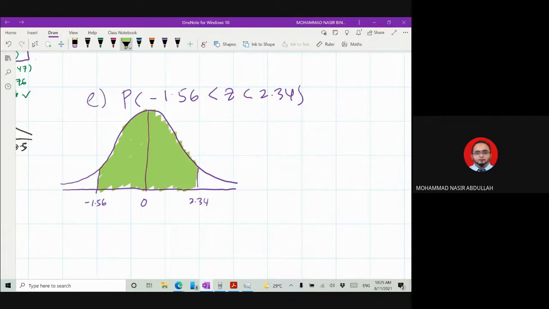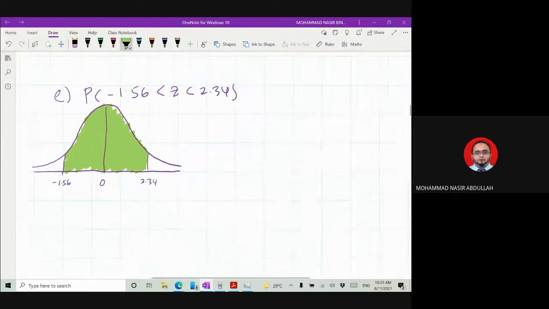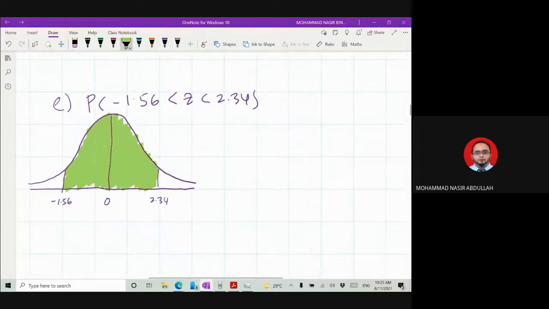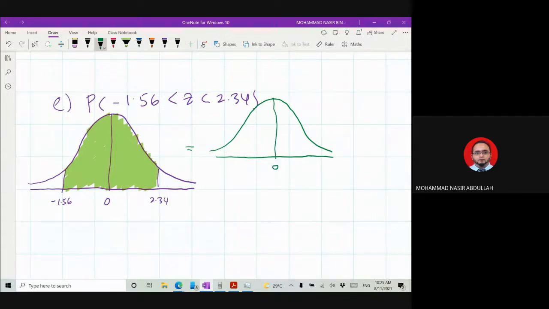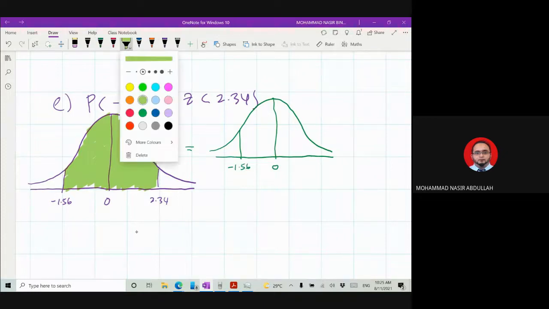Right. Okay. To find this area, we need to do some manipulation. So let's say we take the area to the right. The area to the right. So this is 0, negative 1.56. So let's change to another color.